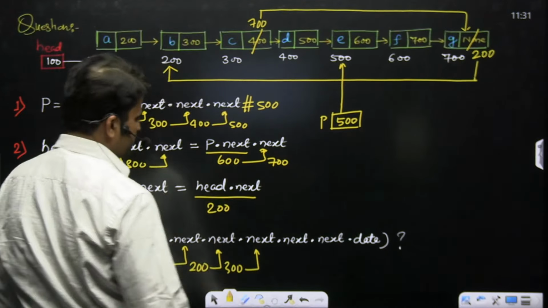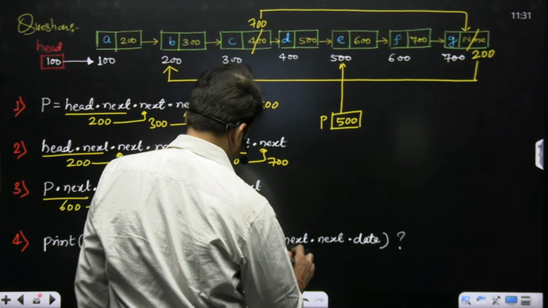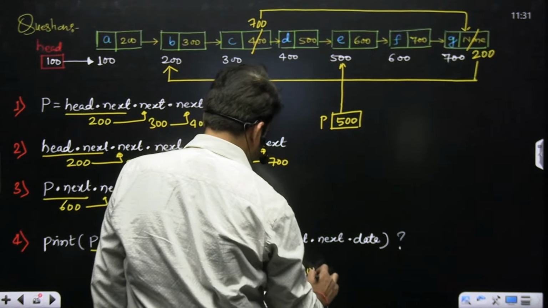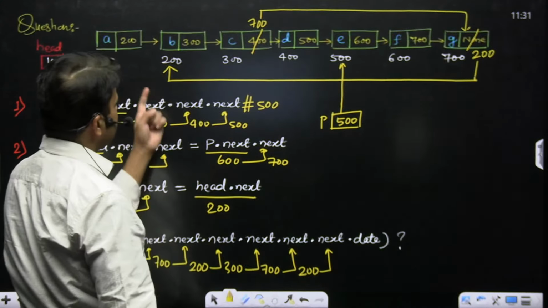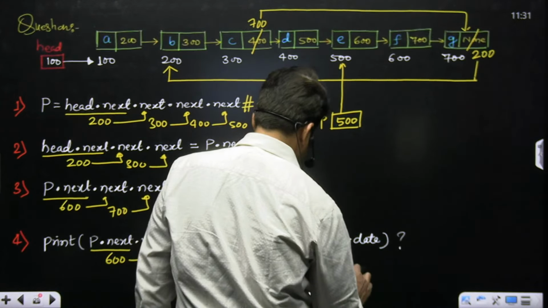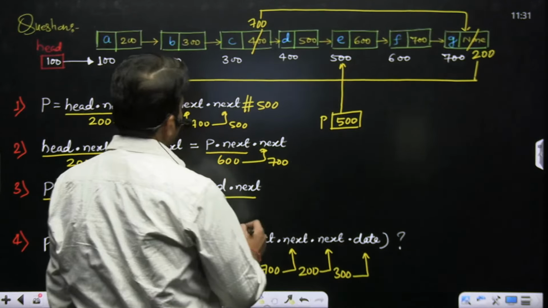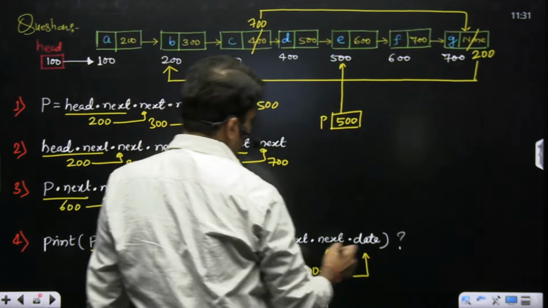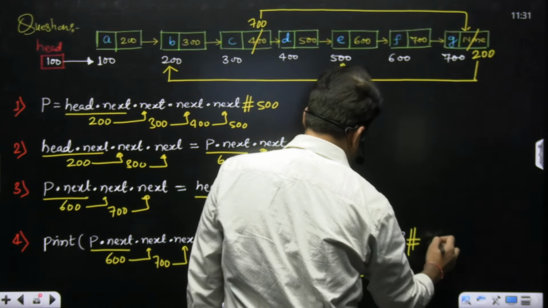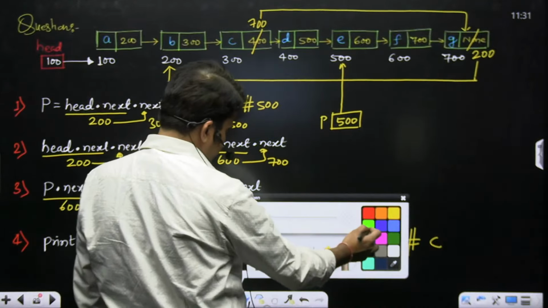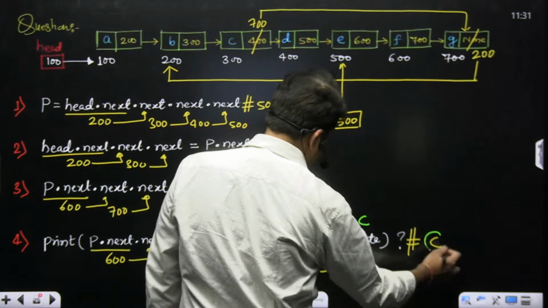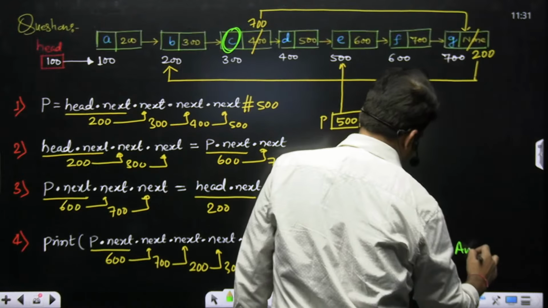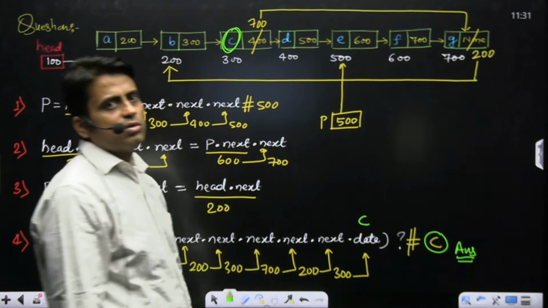And 300 next is 700. And 700's next part is again the updated 200. 200's next part is 300. And the data part of the 300 node is what? This is C. So the output is C, not E. C is the output.